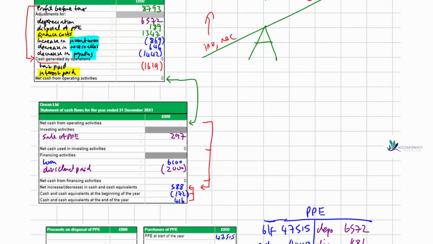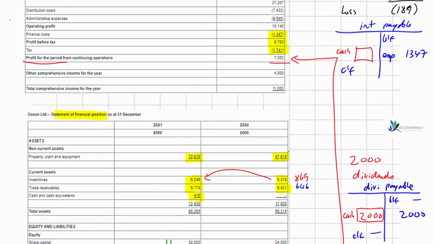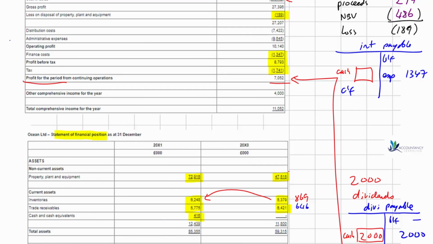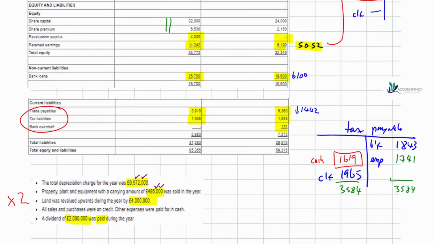Is there anything else we can deal with? What about our interest? Again, there's no interest payable in the balance sheet, whether carried forward or brought forward. That tells us that our cash figure, we must have paid all of that through 1347 to the bank. So there is no accrual for us to deal with here.